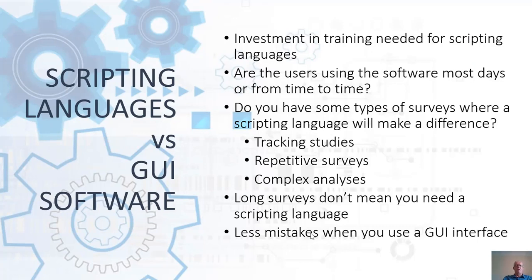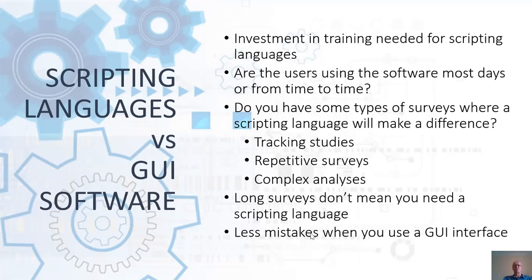I'm just going to spend a quick moment now on scripting languages versus GUI software. GUI stands for Graphical User Interface. They're big differences. You need to invest in training for scripting languages unless you've got somebody already skilled. Although I think someone can move from one scripting language to another fairly easily, that's not a problem.